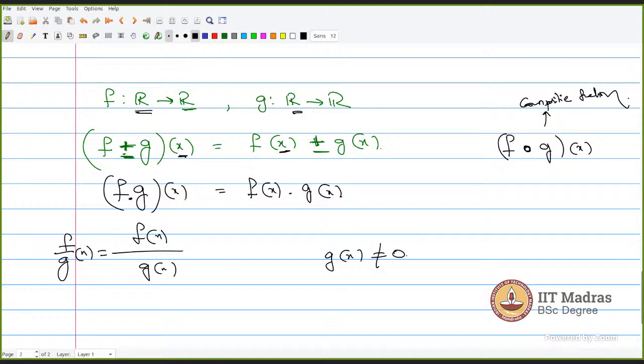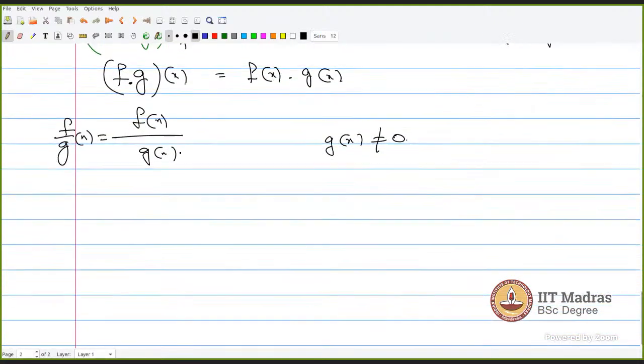So my domain should be the same. This particular x I'm inputting in g and also inputting in f, so that particular domain of the functions should be the same.